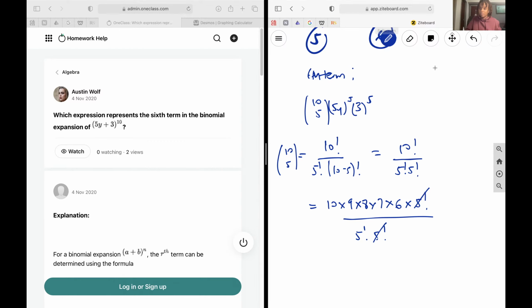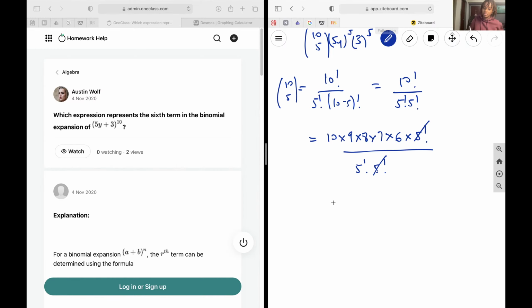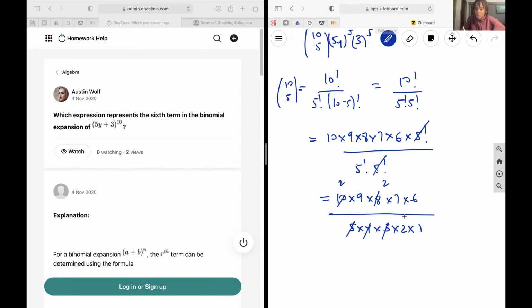Let's cancel out one of those 5 factorials. This would become 10 by 9 by 8 by 7 by 6. And then let's also write out that 5 factorial: 5 by 4 by 3 by 2 by 1. The by 1 doesn't really matter. And then you can just divide out common factors. 5 goes into 10 twice, 4 goes into 8 twice, 3 goes into 6 twice, and 2 can cancel out one of those 2's.